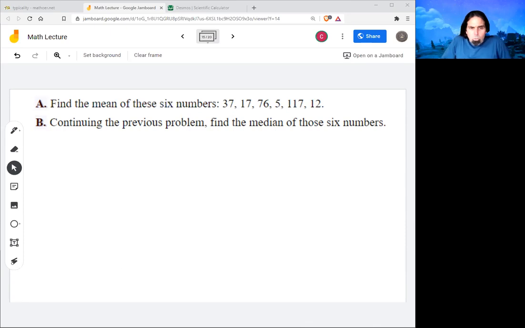Okay, I'm back. So what was the sum in problem A of those 6 numbers? I got 264.